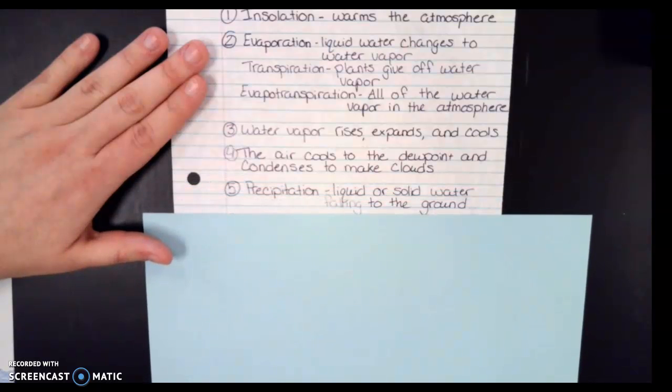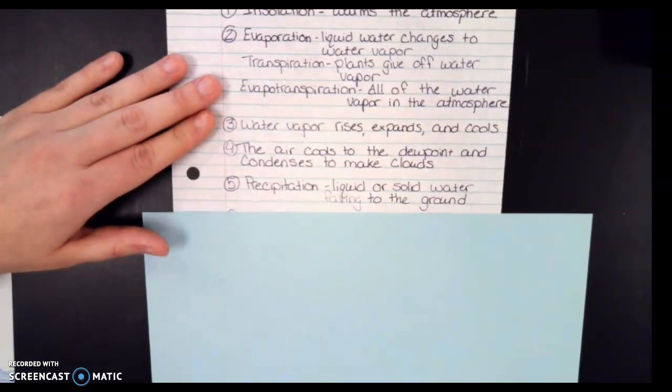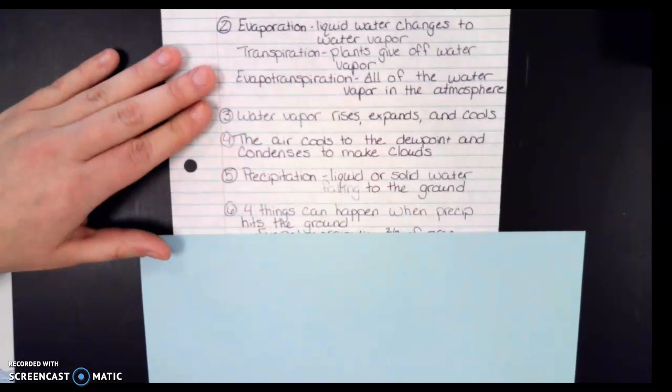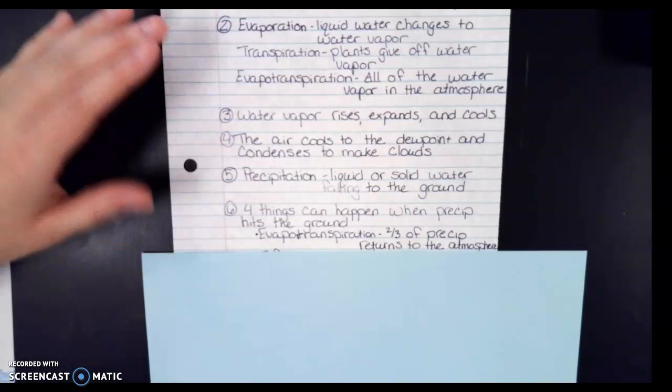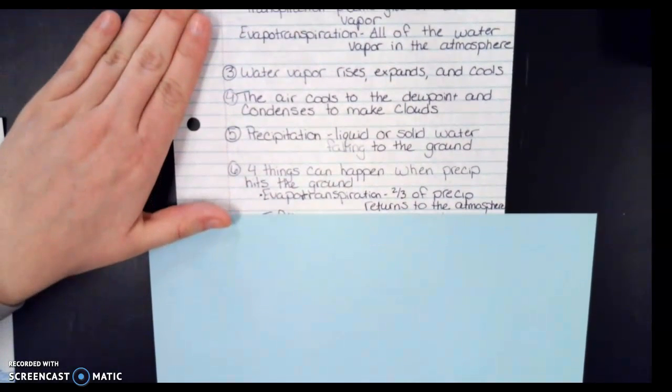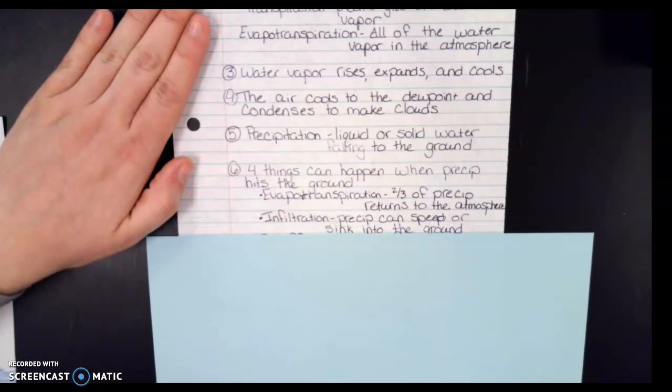Precipitation then occurs, which is liquid or solid water falling to the ground. And then 4 things can happen when precipitation hits the ground. The first one is evapotranspiration, which is where 2/3 of our precipitation is going to return to the atmosphere. Next thing that could happen is infiltration.